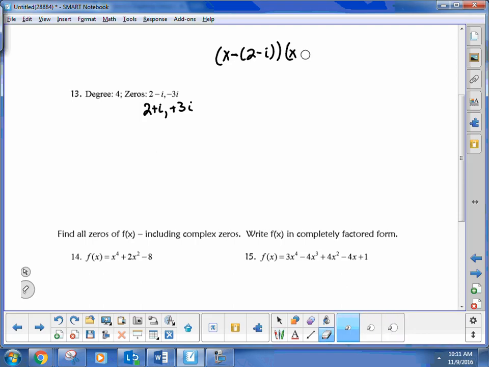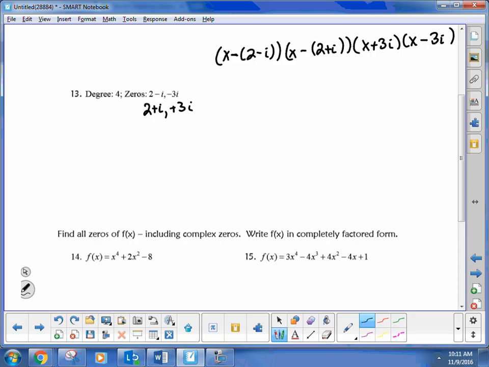In these cases, when you do conjugates, it's minus in there just because that's how you are able to achieve that they make zeros. And over here, this is going to be x plus 3i, x minus 3i, and we're going to go ahead and solve for this.